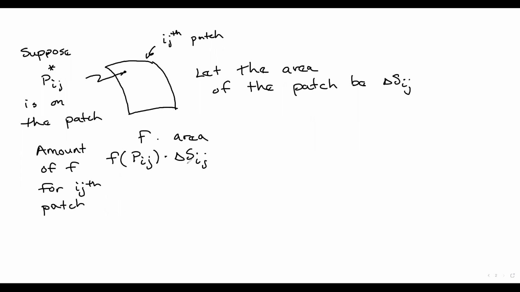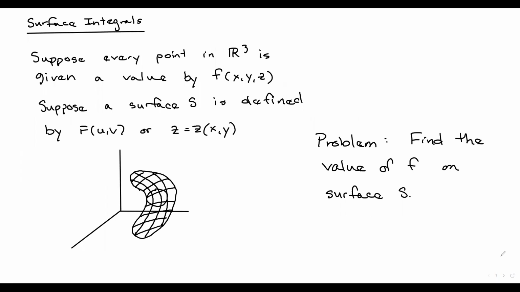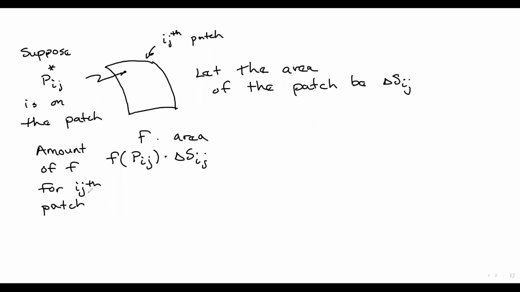So the only thing we need to do after that is to add up all of the amount of f, so we take this and sum it up. So we do a summation of f of Pij times change in Sij, another summation, we vary i from 1 to n, we vary j from 1 to m.